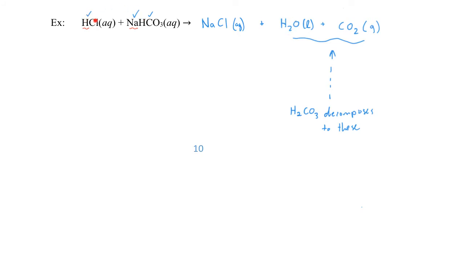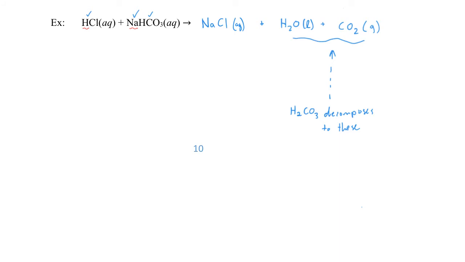We have a chloride on the left and a chloride on the right, and we have a carbon and a carbon. Then we have three oxygen atoms over here, and if we add up all the oxygen here, it's also equal to 3. So everything is balanced.